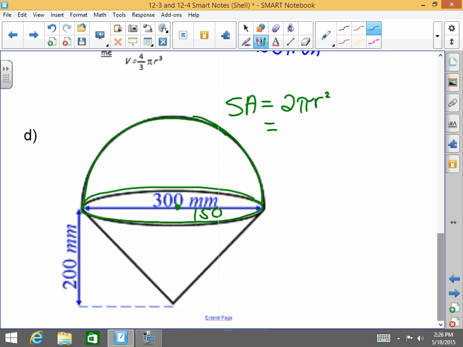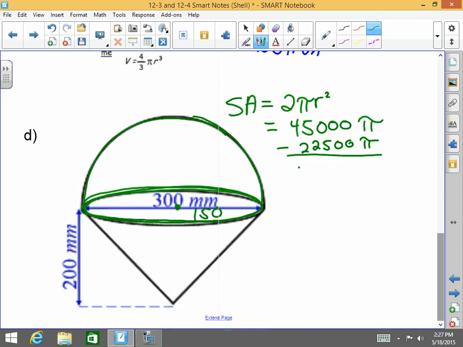We had said that's 22,500. So we had said that this was 45,000 pi, correct? Okay. However, I've got to take out this area here. So this is really minus 22,500 pi. So it's really 22,500 pi.